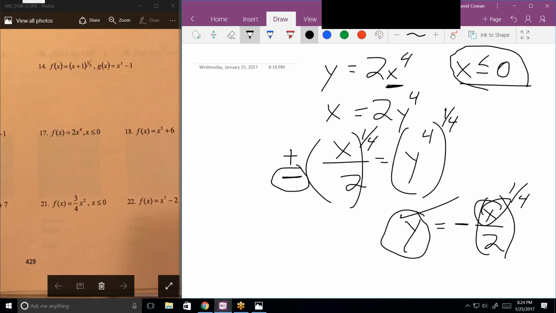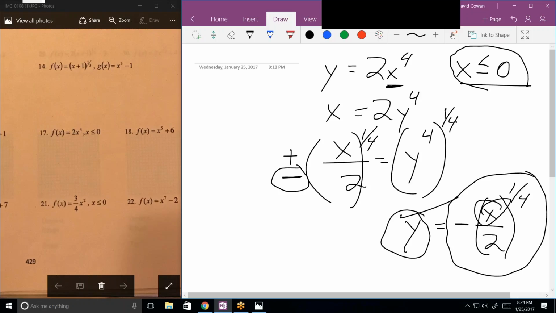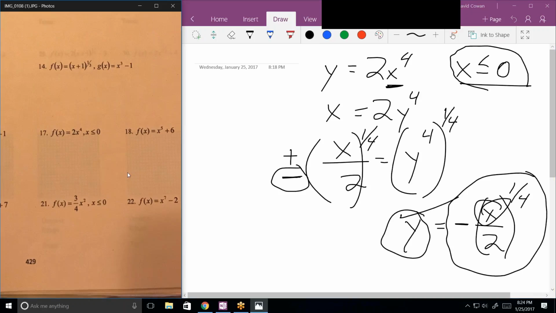And since the fourth root is always going to be a positive number, x has to be positive here on the bottom right, and that's why we have to use the negative. So that indeed is the correct answer. That's a hard one. That's not easy to see, but I'm 90% sure that that's the correct answer. So that's the answer.